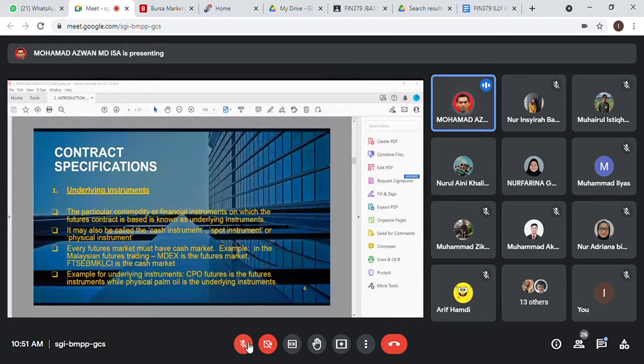Third Wednesday of December hari apa? Third Wednesday of December. 29 hari bulan.